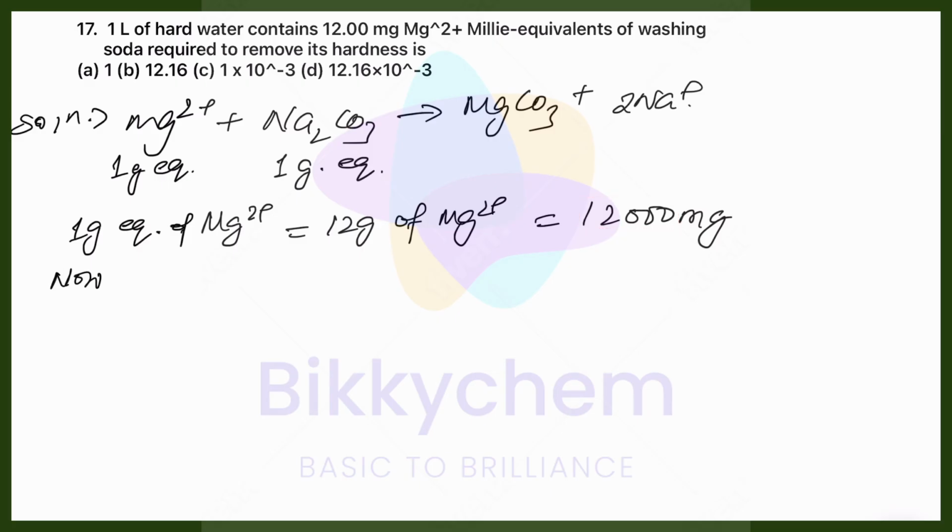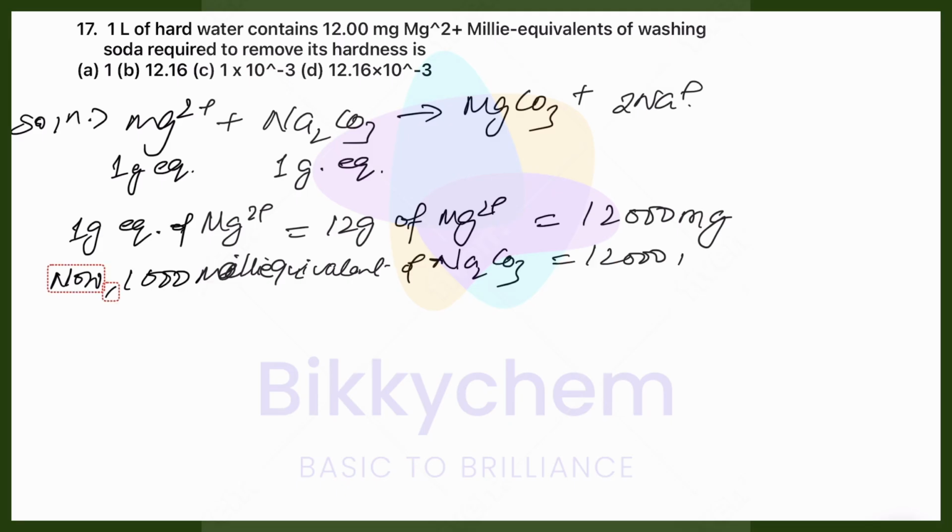Now 1000 milli equivalent of Na2CO3 is equals to 12,000 mg of Mg2 plus.